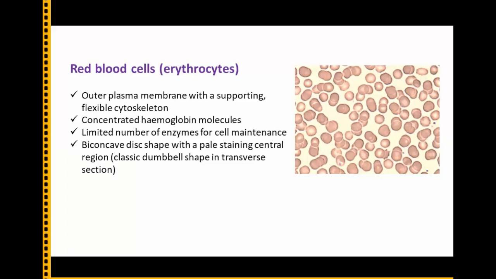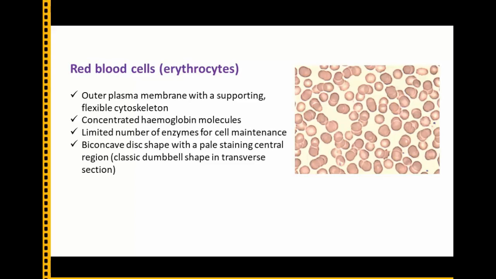Because that cytoskeleton is flexible, it can squeeze through the small capillaries and change its shape when necessary. It has highly concentrated hemoglobin molecules and a very limited number of enzymes, only the essential ones. And it is a biconcave disc shape.